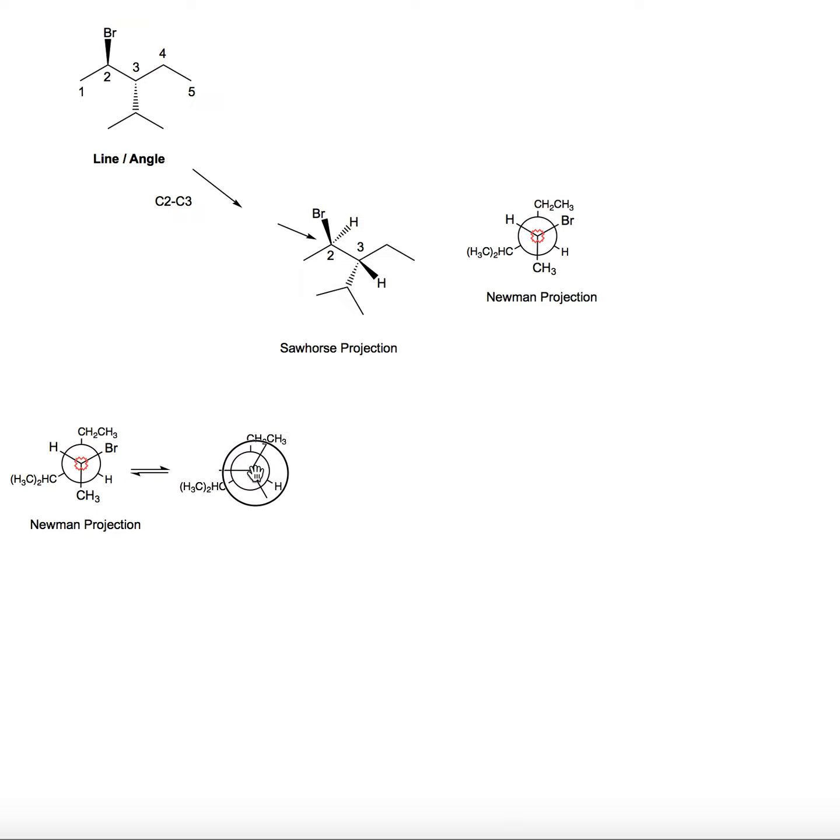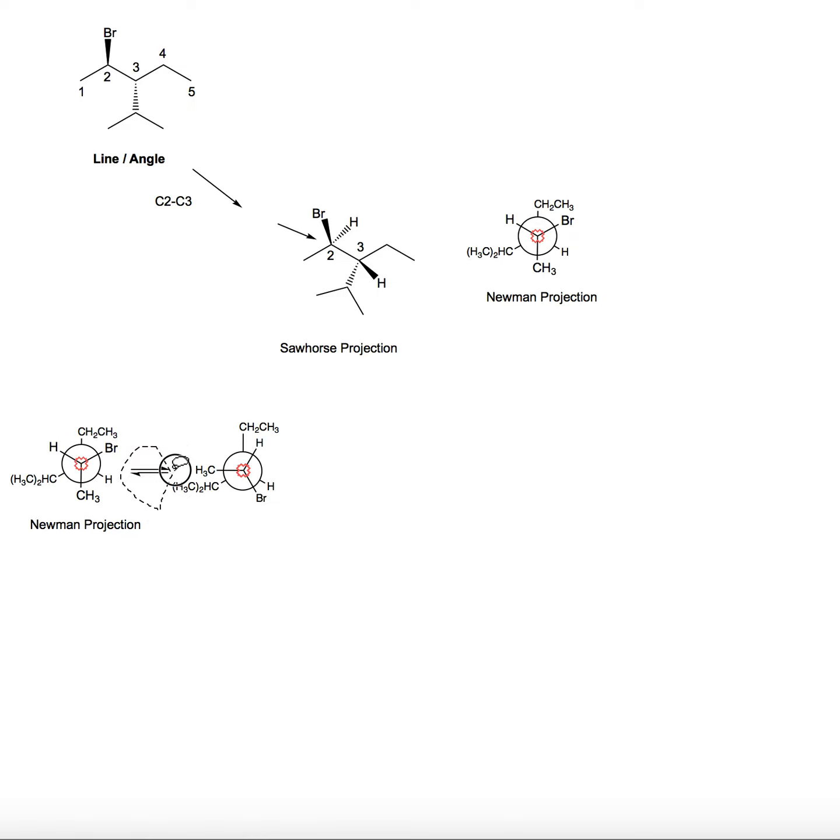So the back carbon did not move, so we are rotating the front carbon. The front carbon is now eclipsed to this ethyl group. Because we are rotating 60 degrees to the right, the hydrogen will be here, the bromine will be here, and the methyl group will be here. So that could be the eclipsed conformation.